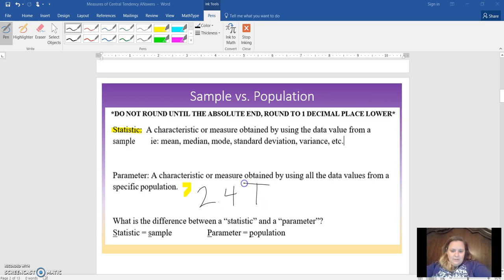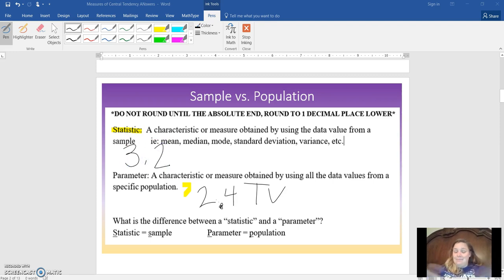Maybe that was done in 2002 and we want a more accurate statistic, and so we're going to do it again. So maybe we ask 50 people, and we find that the average, the mean, in 2017 is, I don't know, 3.2.